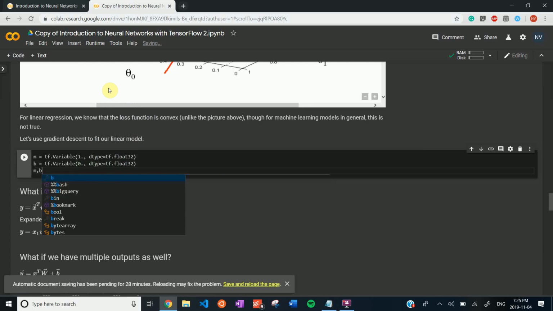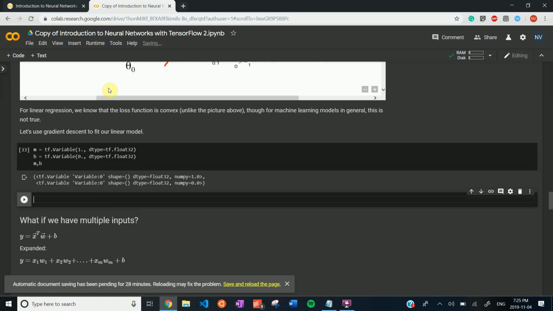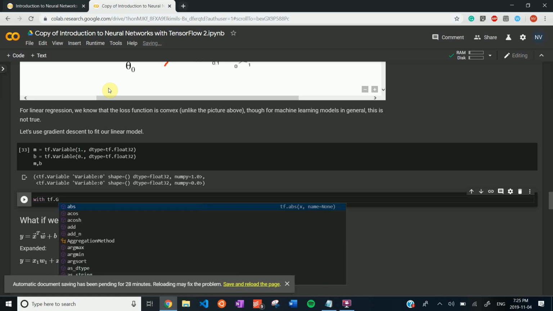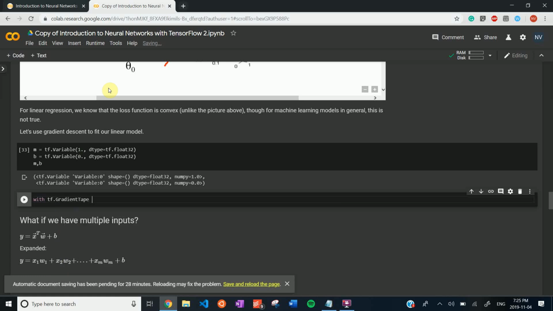And so once again, we have our variables. And we're going to talk about one of the most important parts of TensorFlow, which is automatic differentiation. Essentially, TensorFlow can take derivatives for us. We don't have to compute that by hand, which is one of the main reasons why it's used for machine learning. Here's how we can take advantage of that. We open up something called a gradient tape.